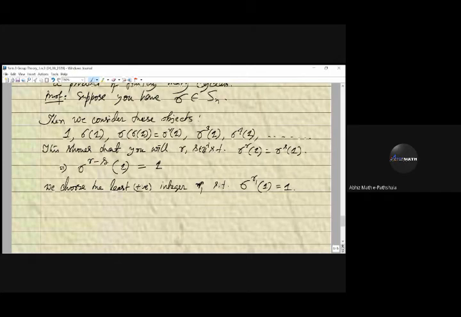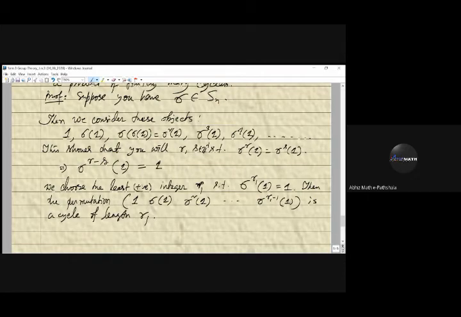Okay? And then the permutation 1, sigma 1, sigma square 1, up to sigma to the power r1 minus 1 of 1 is a cycle of length r1.